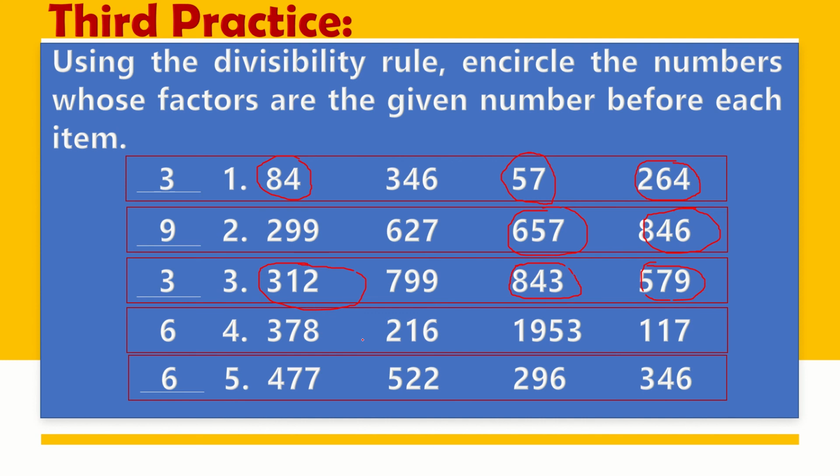For number 4, the answer is a factor of 6 for 378, 216, and 1953. For number 5, we only have 522. Have you answered it all? Wow, congratulations! I know you answered that.